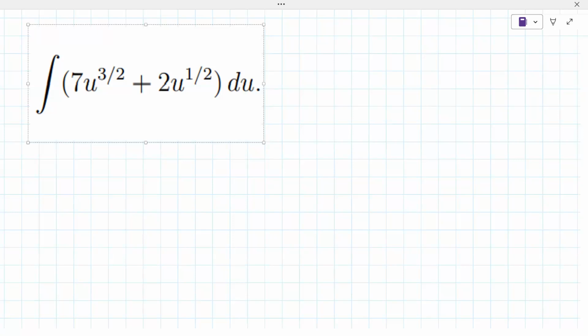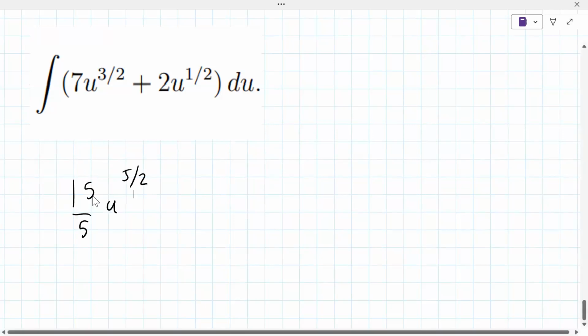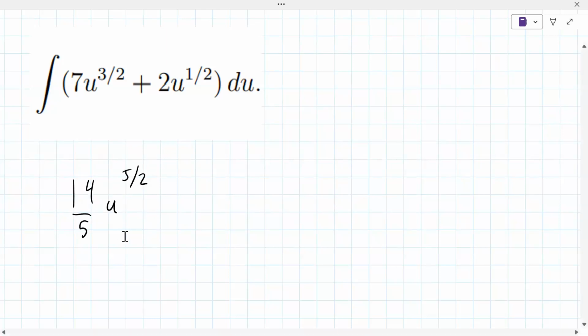Okay, for the first, the 7u to the power of 3 halves, I got 14 over 5 times u to the power of 5 halves. Does that seem right? So to answer your question, we're going to take a derivative of this. The derivative is 5 over 2 times 14 over 5, u to the 3 halves.